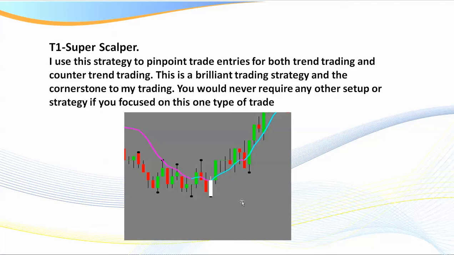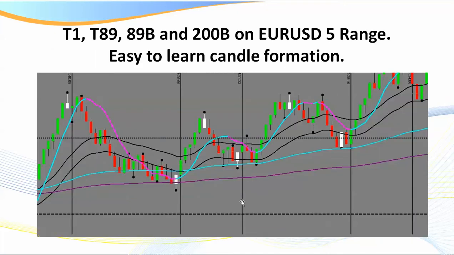But the T1 is really a huge part of my trading, and it's actually the key trading strategy. Both the T1 and T2 go together, which I'm about to show you. They're the only strategies you ever need. And if you want to learn how to trade, or if you want to be a low stress trader, you trade with the trend using the T1 and the T2.